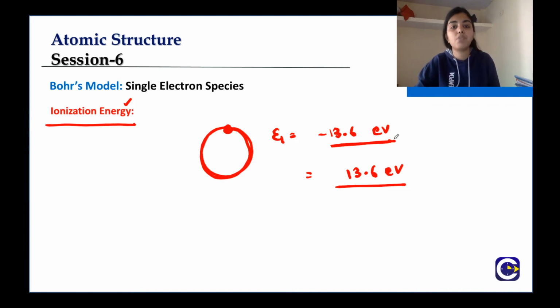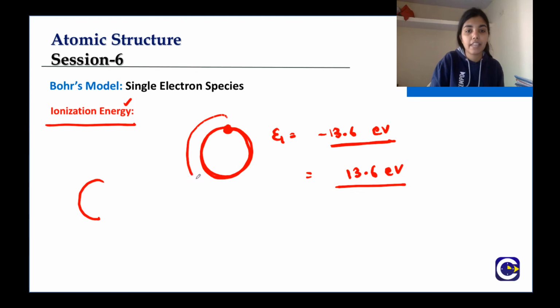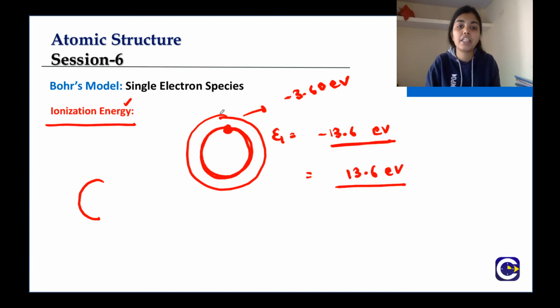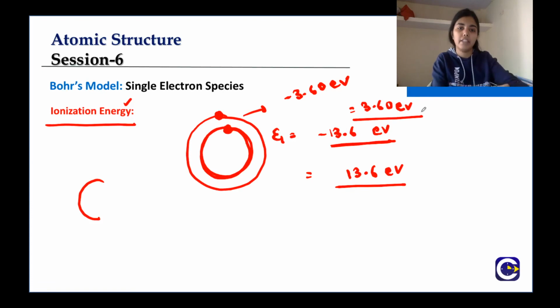Energy of orbit means what? That the electron which is revolving in that orbit has an energy equal to minus 13.6 electron volt. Let us say I am considering the second orbit. The energy comes out to be minus 3.60 electron volt. That means the energy required to remove the electron from this orbit will be equal to 3.60 electron volt. And this is known as ionization energy.